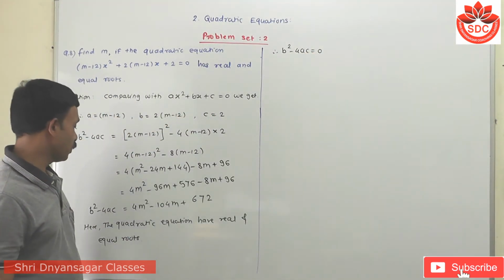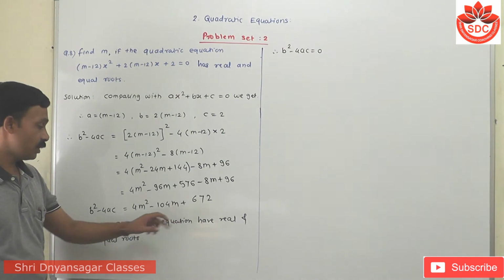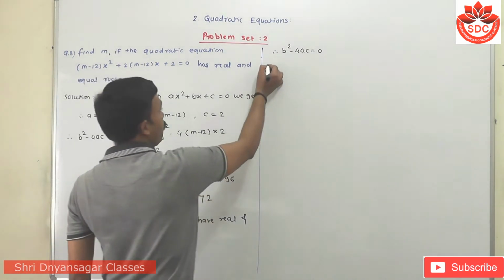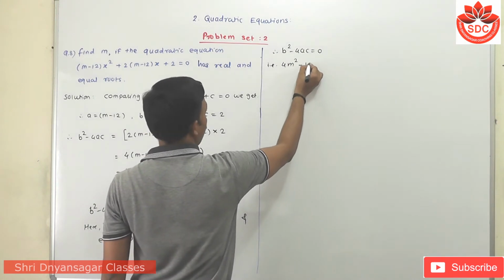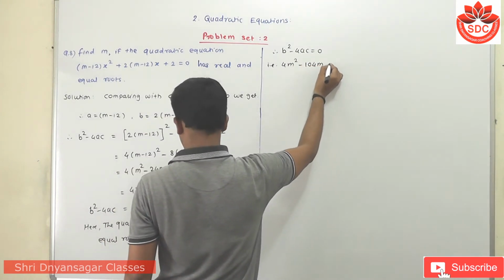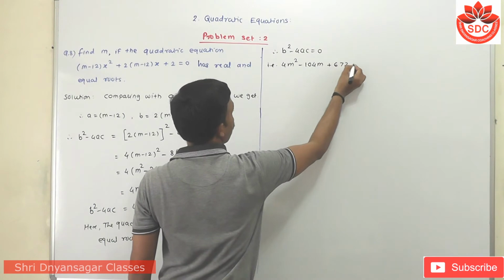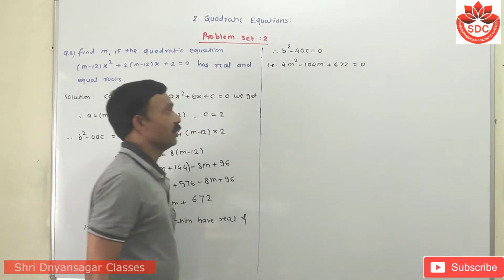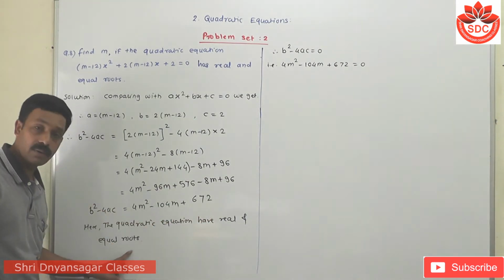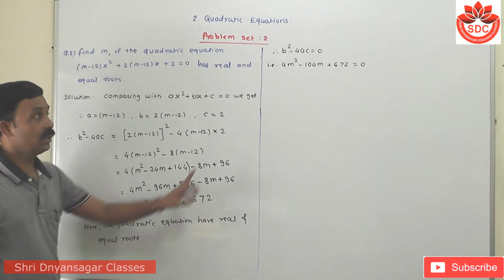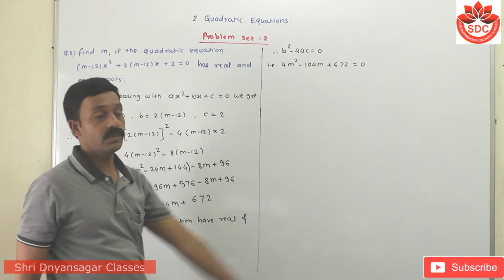So we have to substitute the value of b square minus 4ac as 0. Understand this condition: real and equal roots mean that delta is equal to 0, meaning b square minus 4ac is equal to 0.